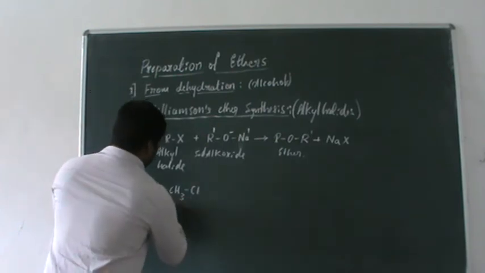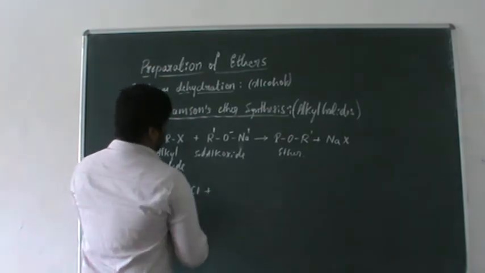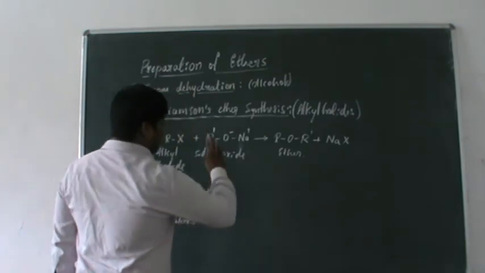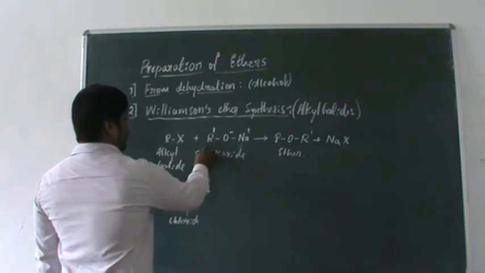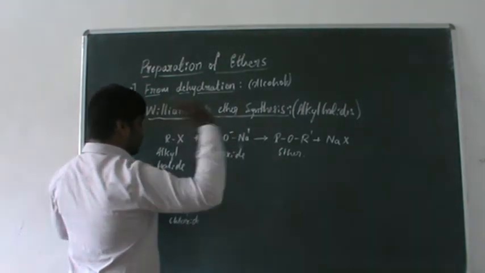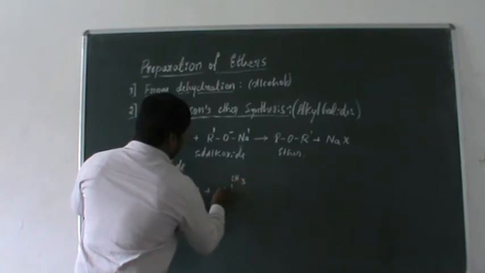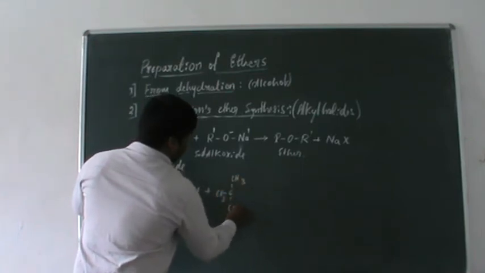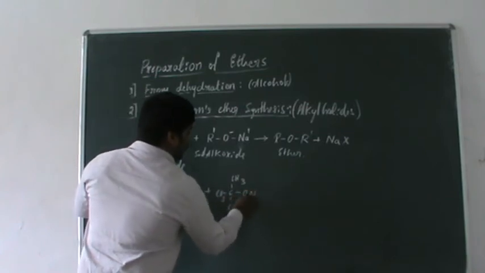CH3Cl, this one is methyl chloride, plus sodium alkoxide, and consider that R dash should be higher. Consider tertiary CH3, the tertiary carbon contains sodium oxide.